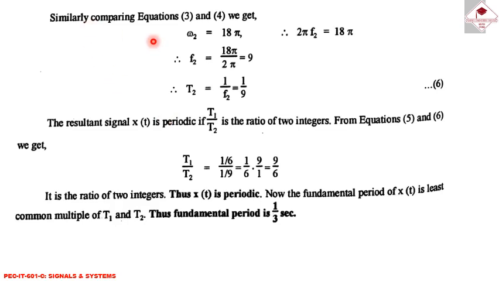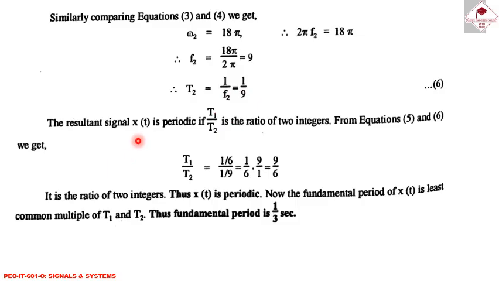Similarly, omega2 is equal to 18 pi, and omega2 can be written as 2 pi f2 equal to 18 pi. f2 is equal to 18 pi divided by 2 pi. Pi cancels out and we get 9. From here we can calculate T2 equal to 1 divided by f2, that is 1 divided by 9.